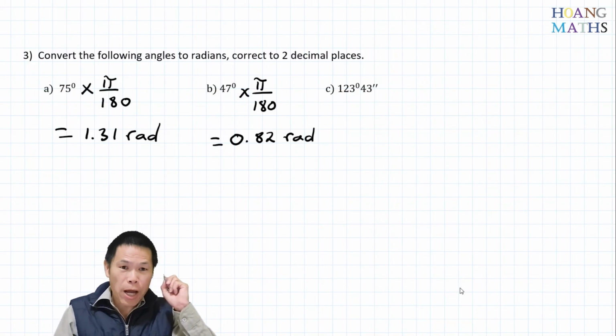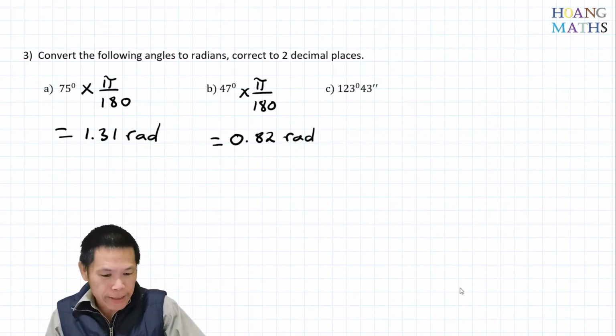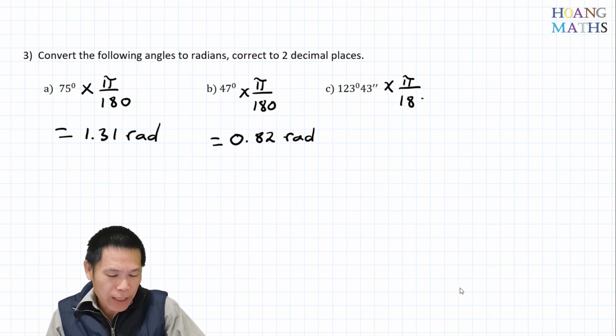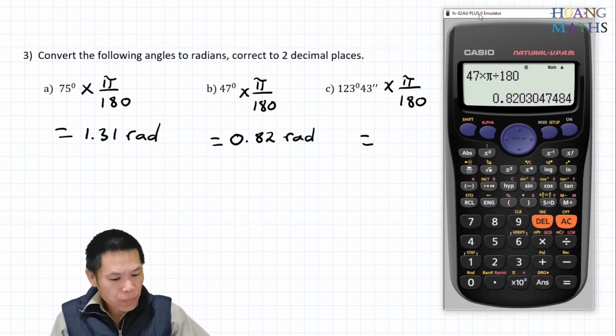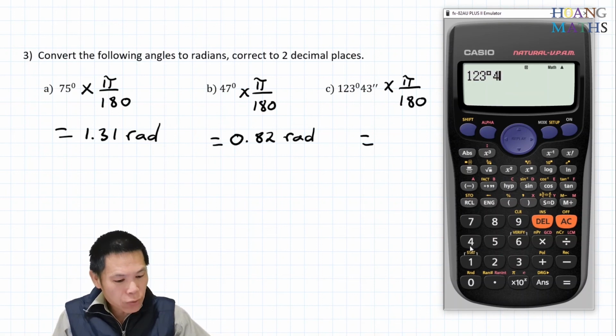And last one, we want in radians as well. So we times by pi over 180. I just write equal here. So what I do, I go 123 degrees 43 minutes times by pi and divided by 180.